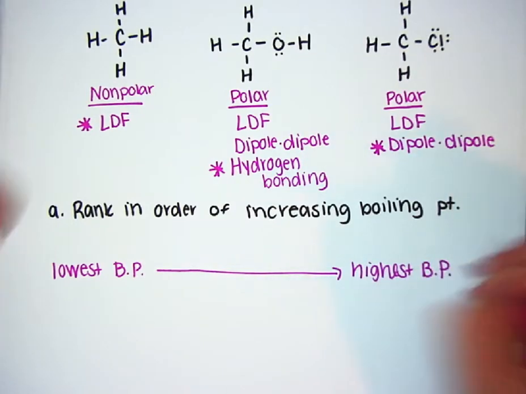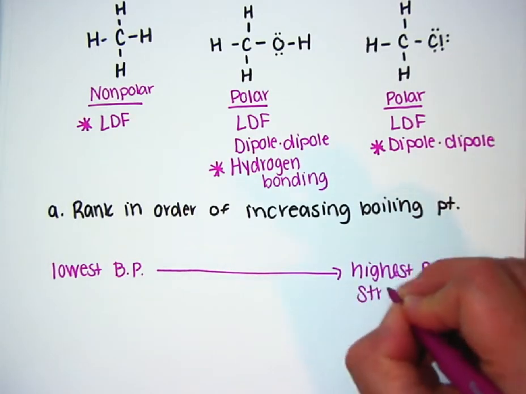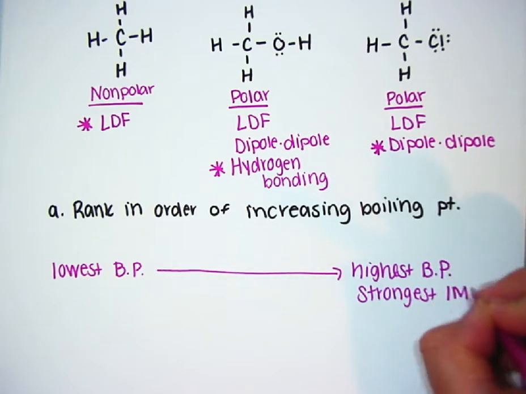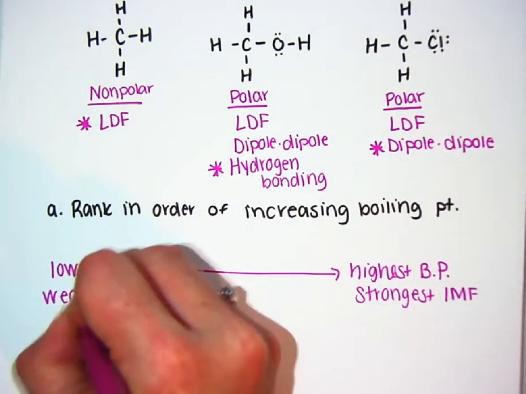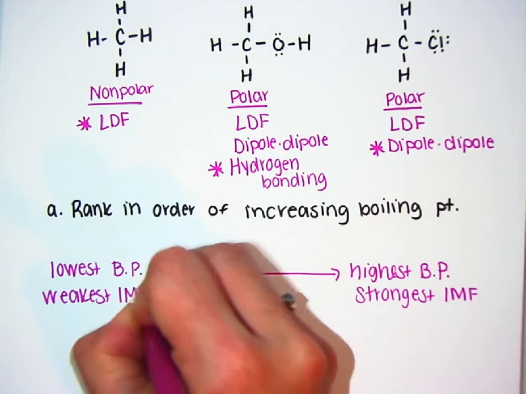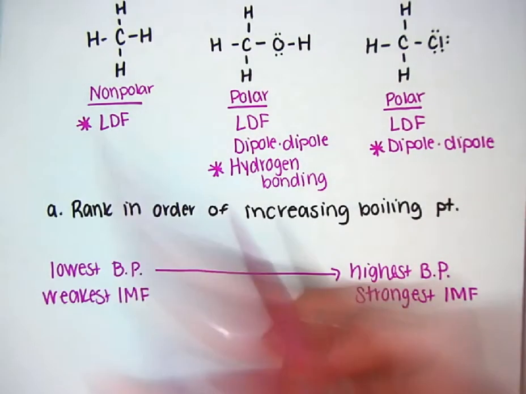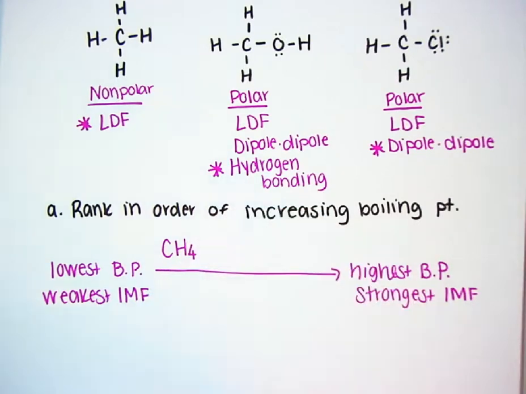So let's think back to our trend. The stronger the intermolecular force, the greater the boiling point. So the weaker the intermolecular force, the lower the boiling point. So all we have to do is rank these in order of strength. Well, LDF is the weakest. That means CH4 would have the lowest boiling point.